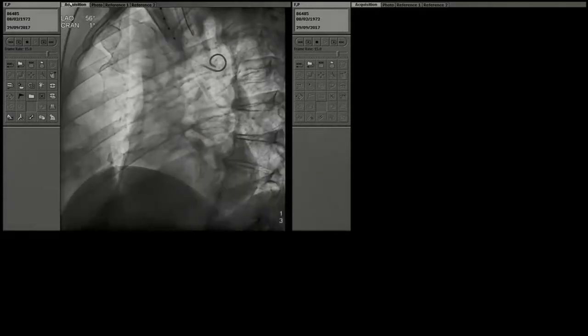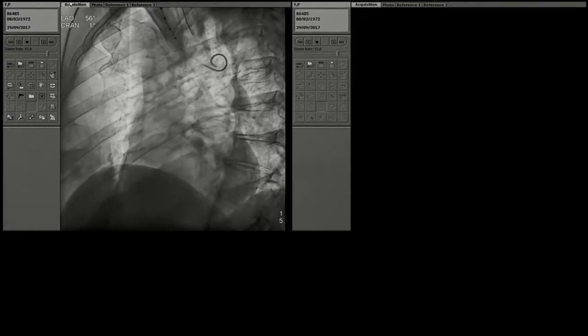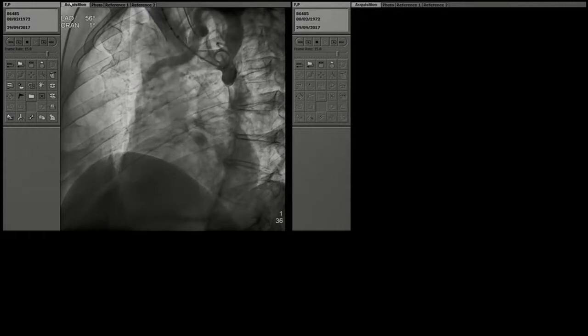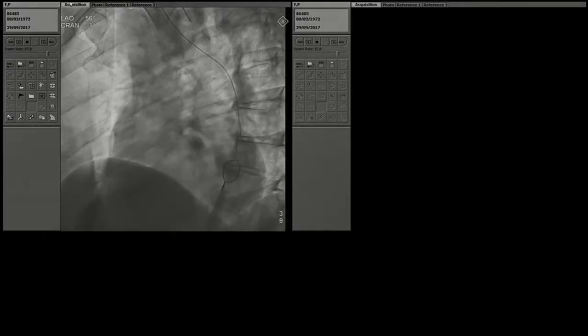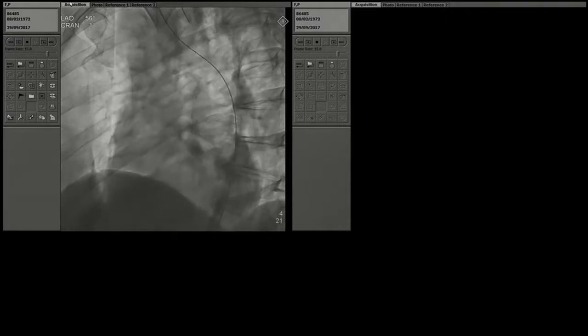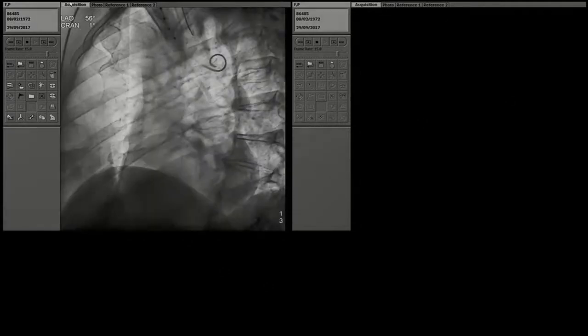Please go through the previous one, because here we inject simultaneously. This is the first one. You may see the very tiny flow through it. Next one. So we entered from above by using a Terumo wire. We created a circuit, and we advanced the 14 French that passed very easily through the coarctation.